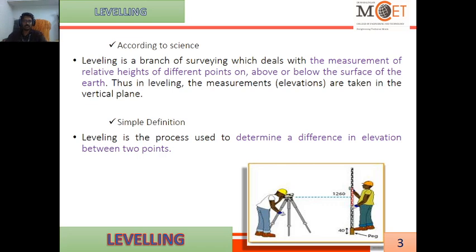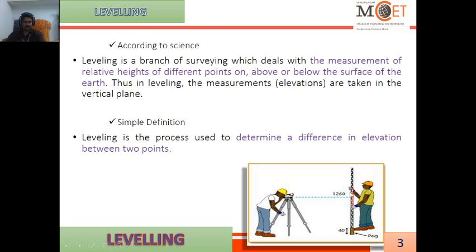How is it measured? A surveyor with a tripod and the leveling instrument, and a helper holding the leveling staff. He is seeing the reading on the leveling staff, and the staff is held on a peg which has a dimension of 40.